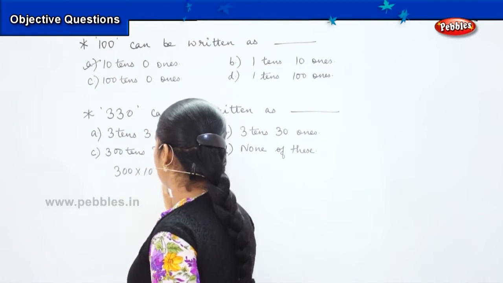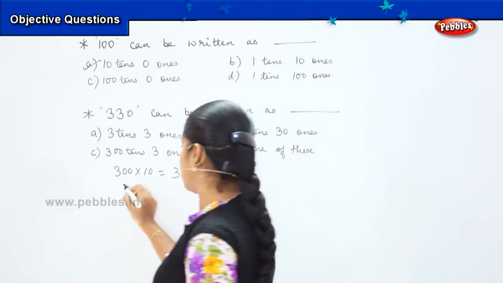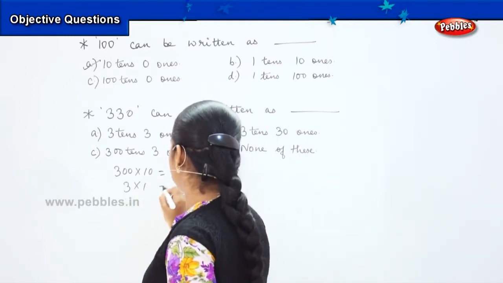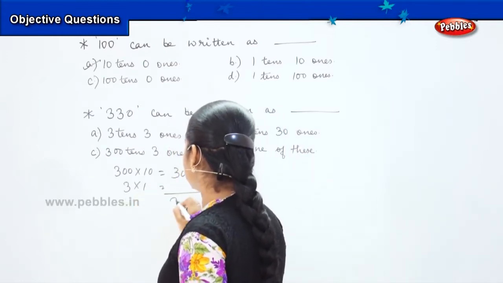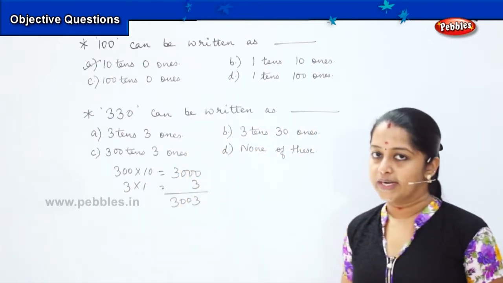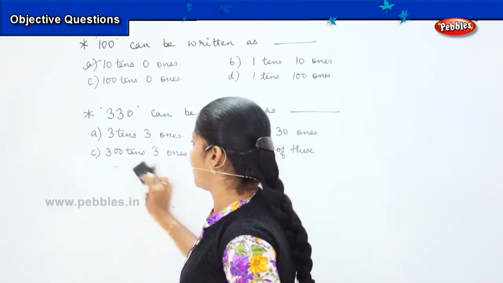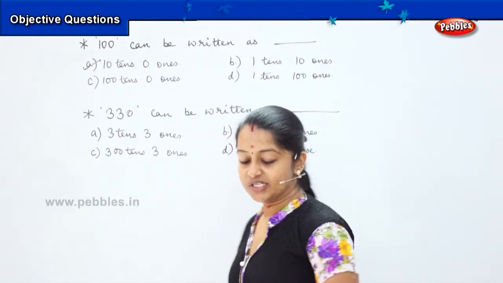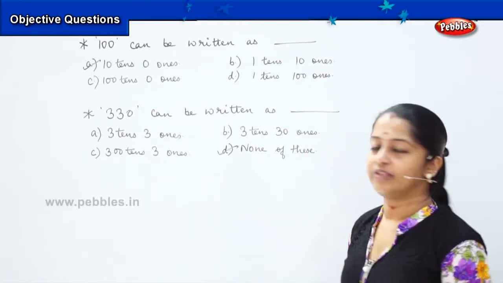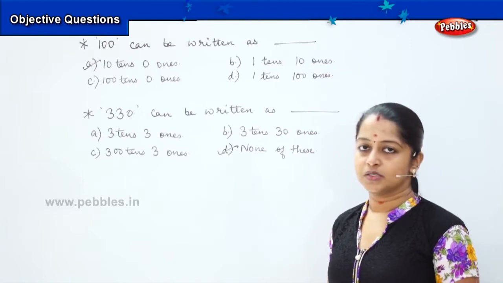So 300 into 10 becomes 3000. And 3 ones. 3 into 1 equals to 3. So my answer is 3003, which is again not my right answer. So what will be my right answer? My right answer will be option D, which is none of these. Okay? So is it clear, children?